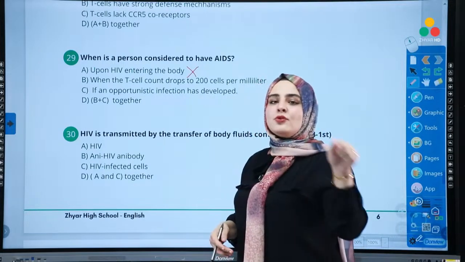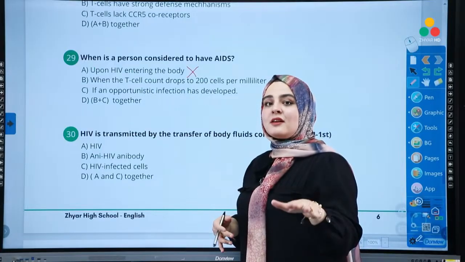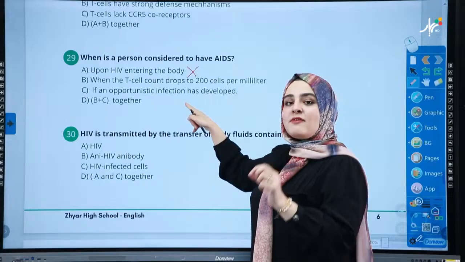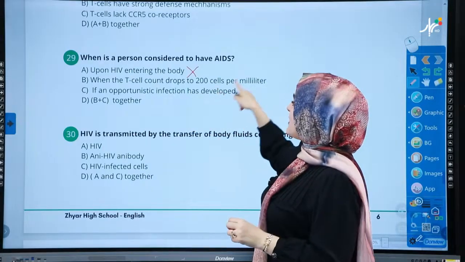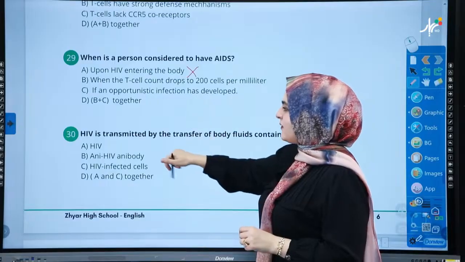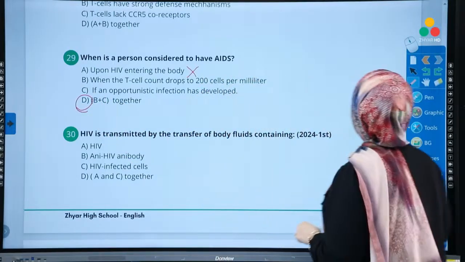Infections that you don't get with normal body immunity. If your body immunity is strong, you don't get it. So these types of infection only appear when you have a damaged immunity, and this is where you can find AIDS as well. This could be the name of the phase as well. These two are correct. B and C are the right answer.